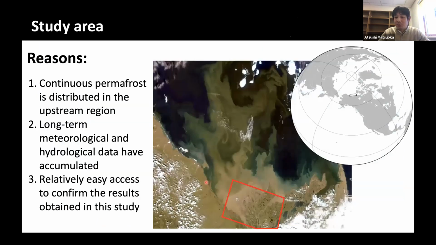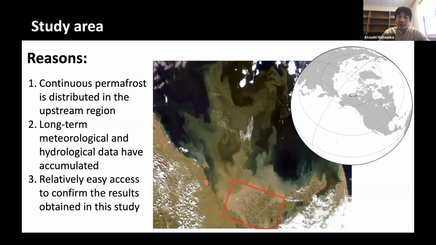So we chose the study area, Mackenzie Delta, north of Canada, for the following 3 reasons. First, continuous permafrost is distributed upstream of this region, so we might be able to see the permafrost leaks to the coastal waters.